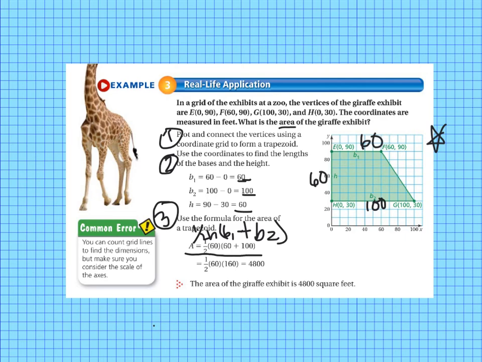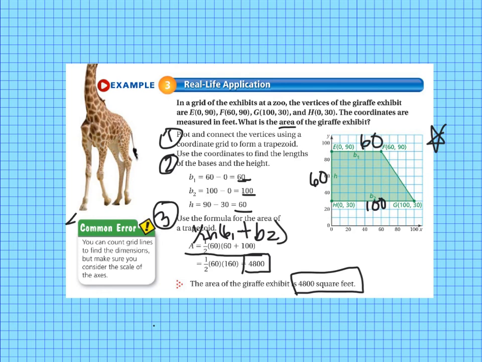So we add 100 plus 60, and we multiply by 60, and we divide by 2, or multiply by 1/2, same thing. And remember, you can take half of any of these two numbers. You can take half of 60, or you can take half of 160, and then just multiply the two numbers that are left. However you do it, if you do your math correctly, you should come up with 4,800. So the area of the giraffe exhibit is 4,800 square feet.